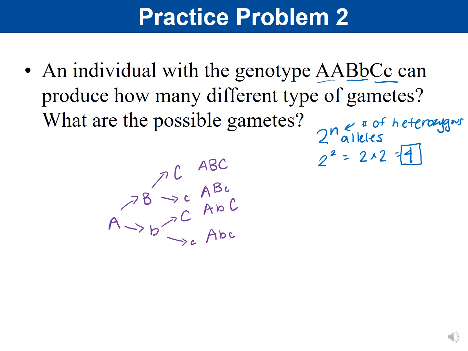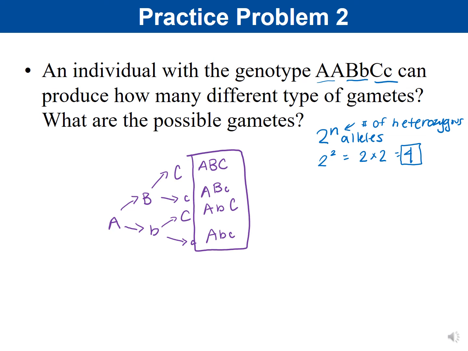So notice that I have 4 possible gametes. Those are my 4 unique gametes. Notice that none of those are the same. So when you're doing this, whenever there's 2 options, you're going to branch. If there's not 2 options, then you're not going to branch it.